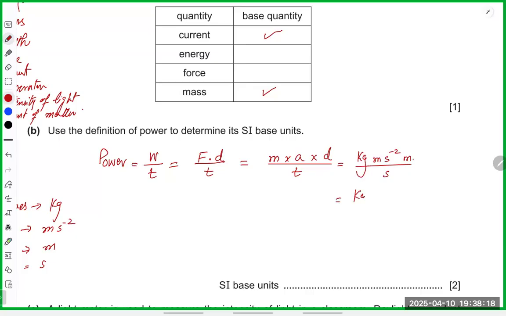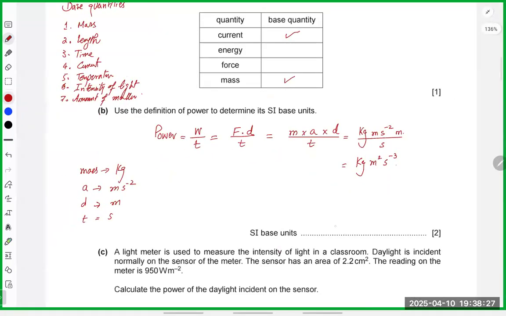Now kg m^2 s^-3. So the SI base unit is going to be kg m^2 s^-3. If this is the SI base unit, what is power's SI unit?